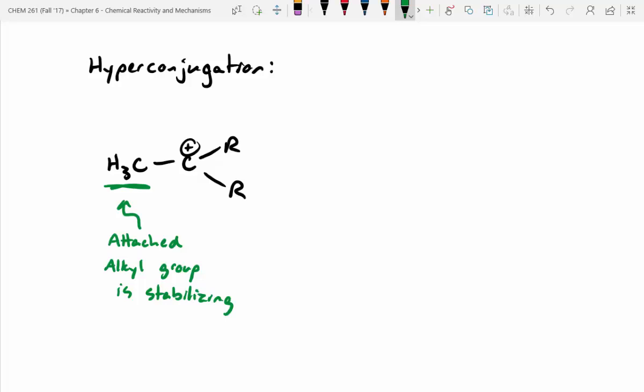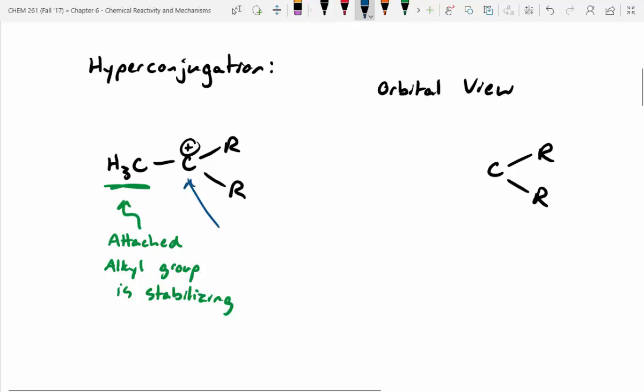So let's explain this using orbital theory. All right, so the carbon on the right-hand side with the 2 R groups attached, what hybridization will it be? So this carbon right here. It'll be sp2, which means that those R groups are going to be in sp2 lobes, but what other lobe do we need to pay attention to?